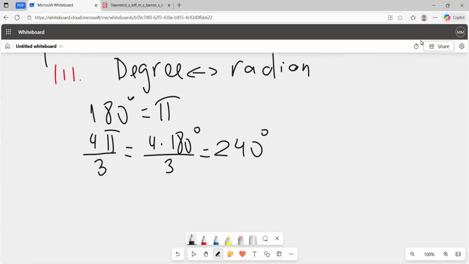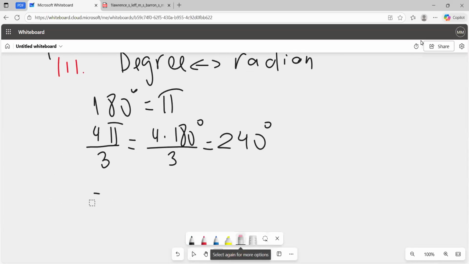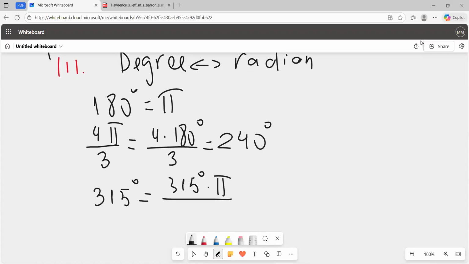And for example, if we want to write, let's say, 315 degrees in radians, we multiply 315 by pi and divide by 180, and by simplification we can write it as what?